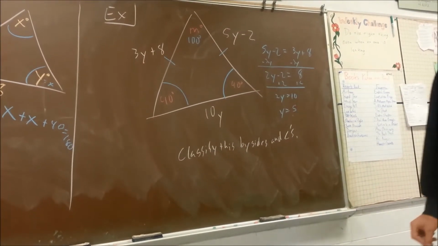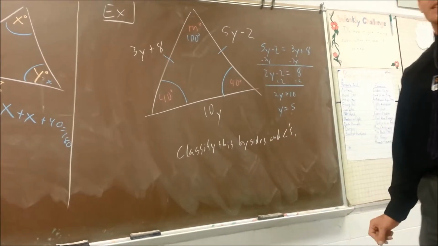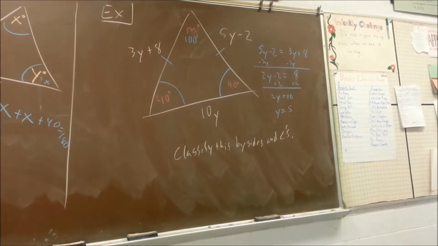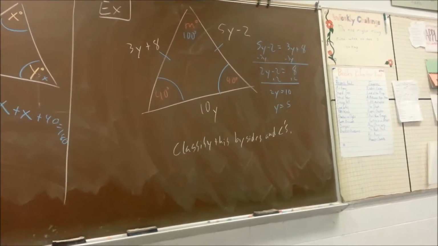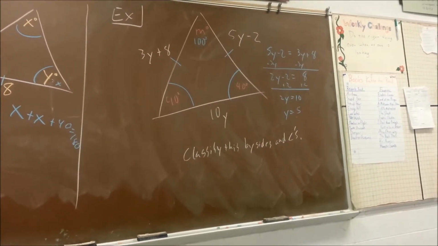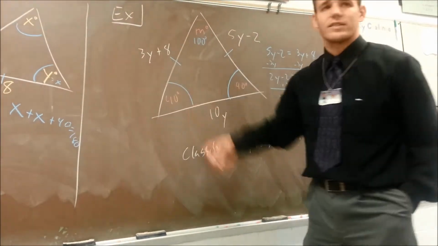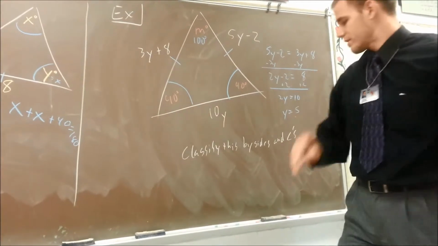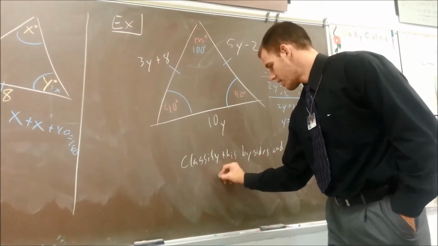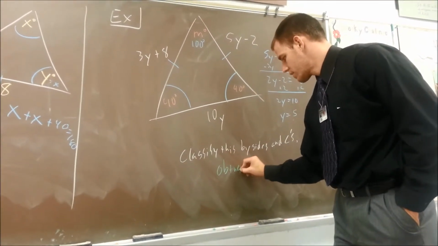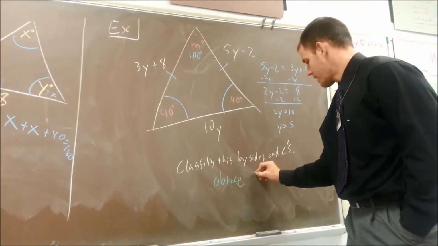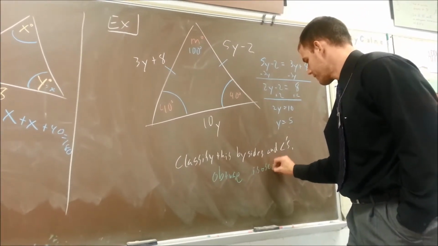Is it equiangular? Is it scalene, isosceles, or equilateral? Yes, ma'am. Obtuse, isosceles. It is obtuse and it is isosceles. Long distance high five. Obtuse, because that's bigger than 90, and isosceles.